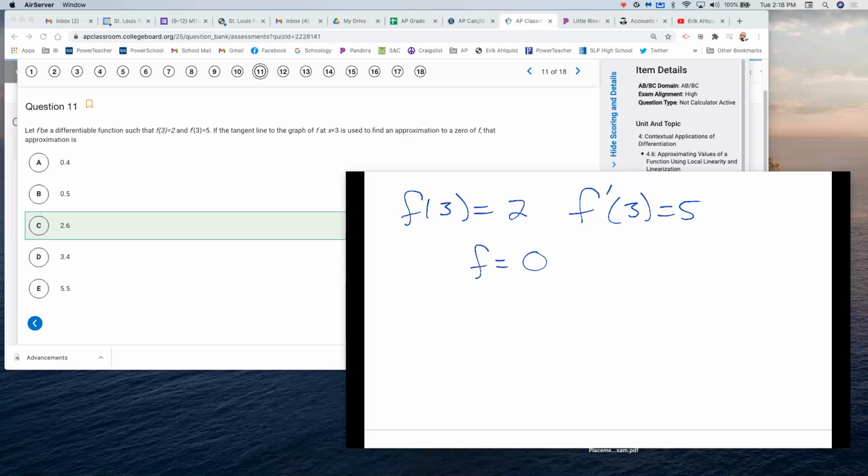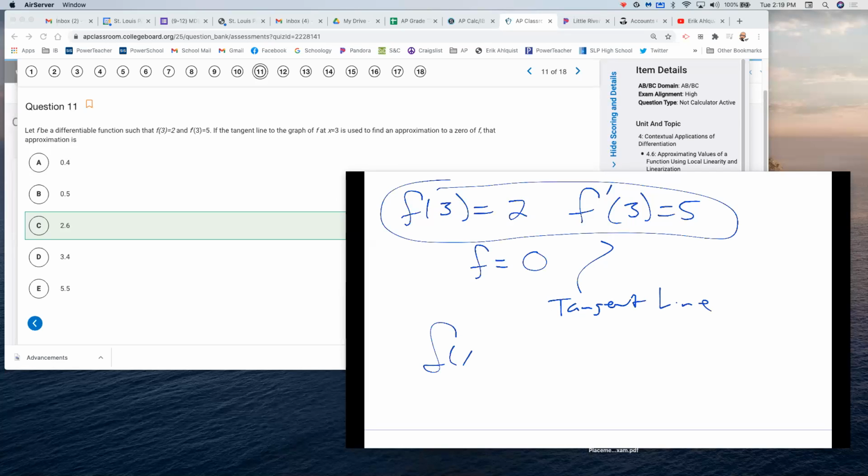If you don't interpret that right, you're going to be in trouble. So if I take these two things and I write the tangent line, then f of x is approximately equal to 5 times (x minus 3) plus 2.